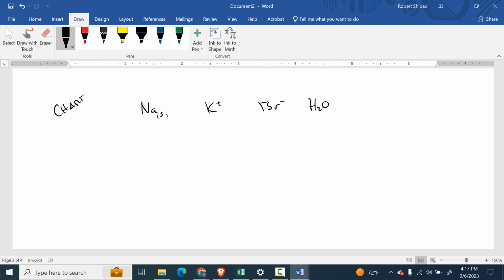So sodium metal is actually a pretty good, pretty strong what? Reducer. Potassium ions are really weak, really poor what? Oxidizer. Bromide is an okay or so-so what?